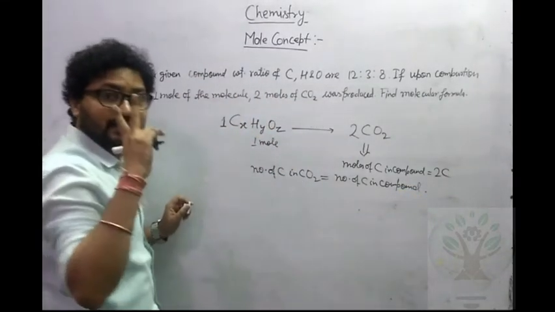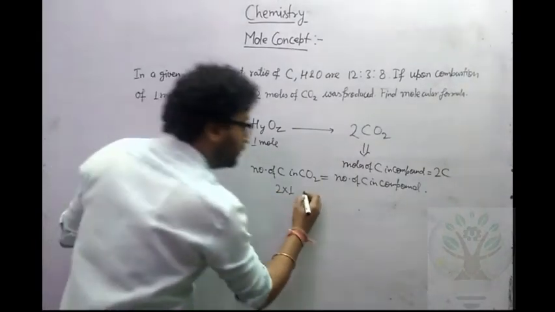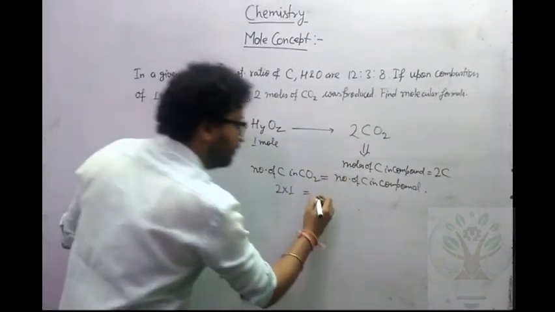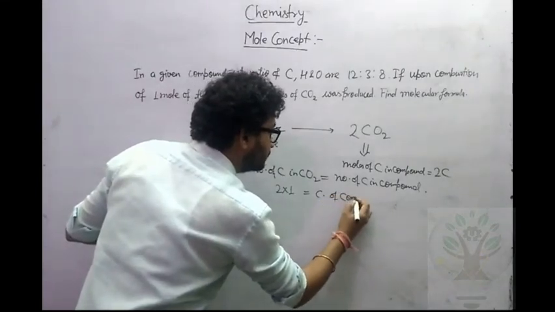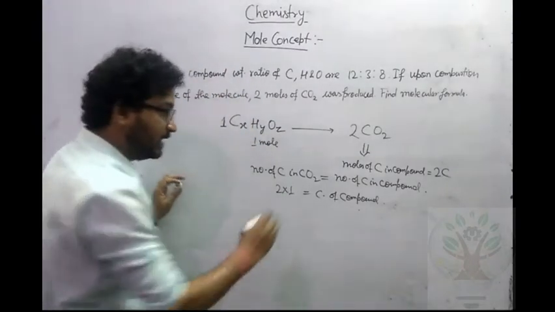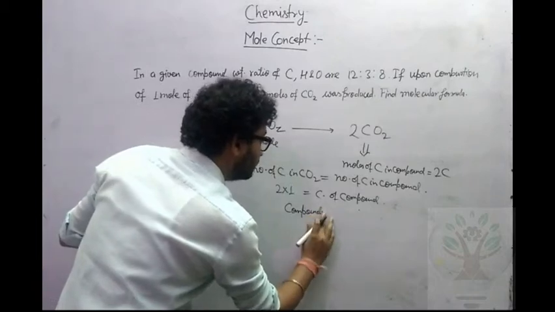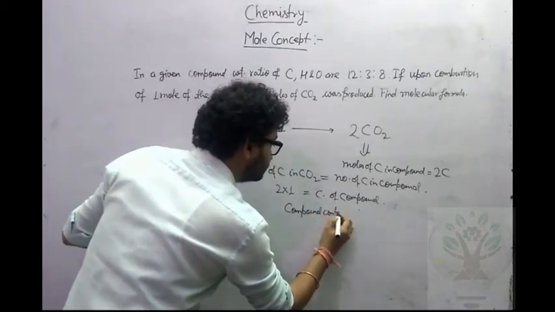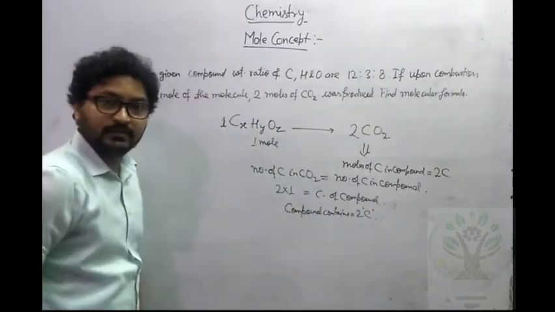Since you are getting 2 moles of CO2, which means 2 into 1 carbon, these 2 into 1 carbon are coming from the carbon of the compound. That means your compound contains how many carbon? 2 carbons. Are you getting the same?